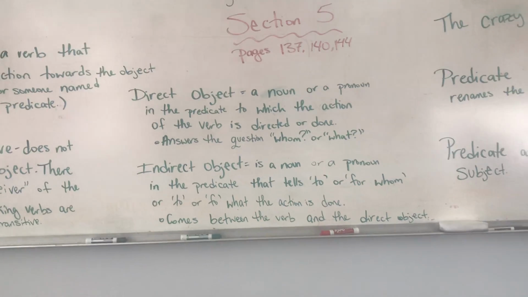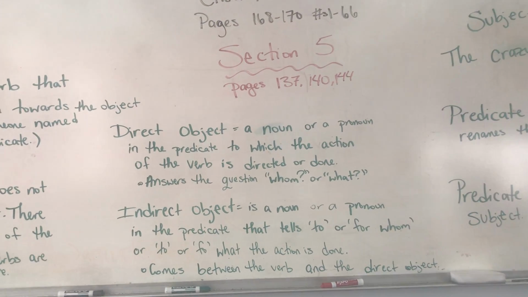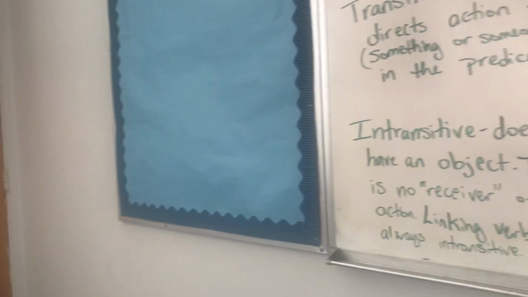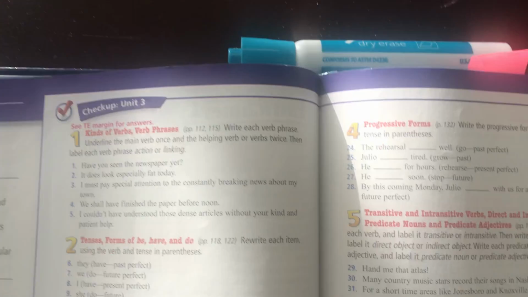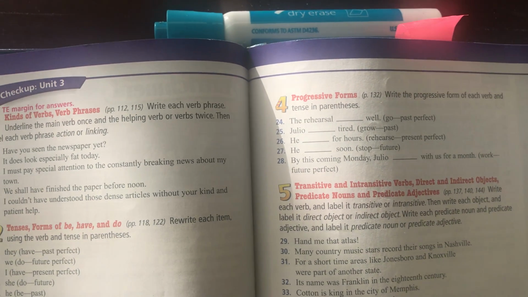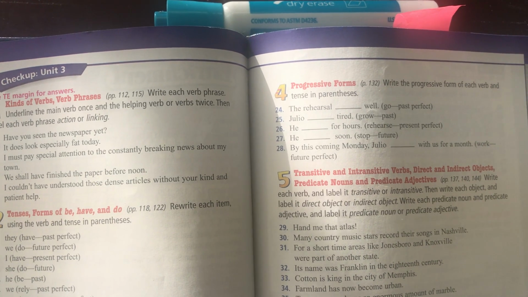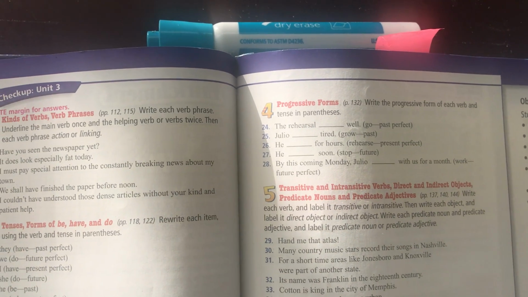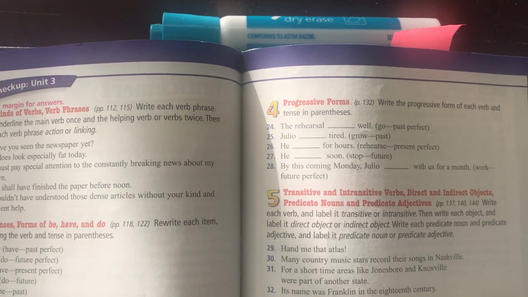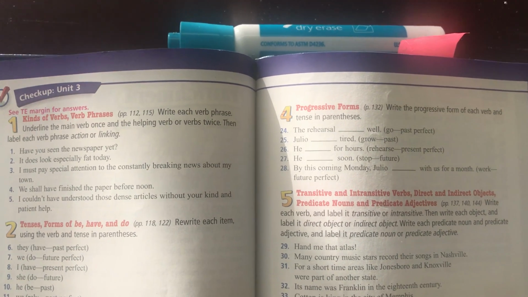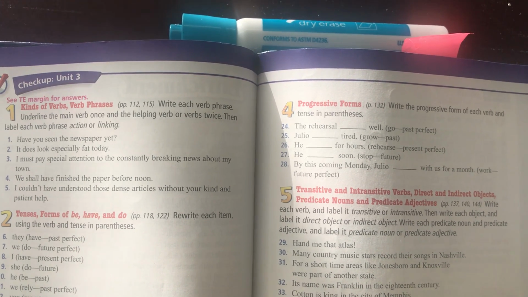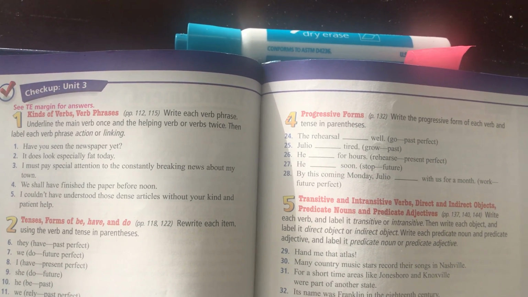A direct object is a noun or a pronoun in the predicate to which the action of the verb is directed or done. So, hand me that atlas. So, me would be indirect in this sentence, and atlas would be the direct object, because the atlas is being handed to the subject.